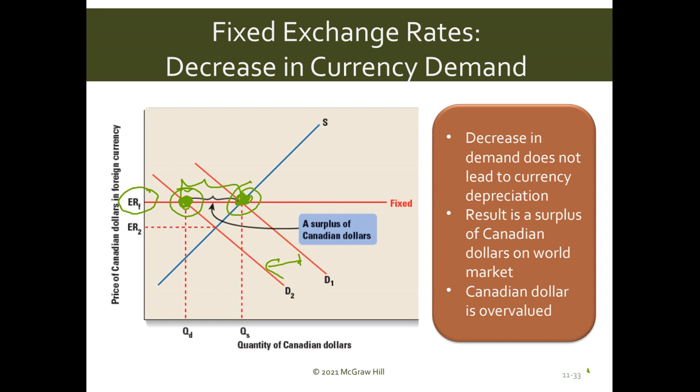So the demand for Canadian dollars will increase again back to this point. So you are again at the same exchange rate. But the problem here is that now there is a depletion of the exchange fund account. So we don't have enough foreign reserves that we have to keep for certain emergencies.